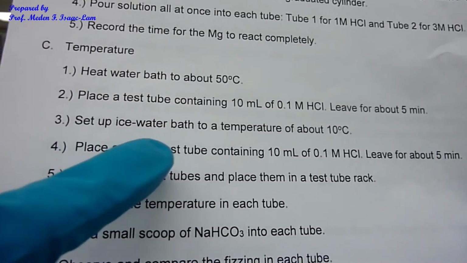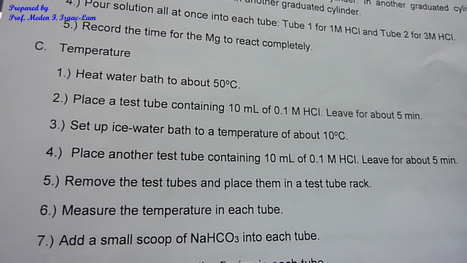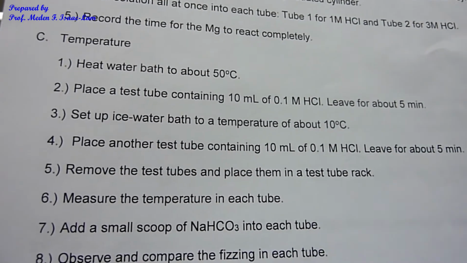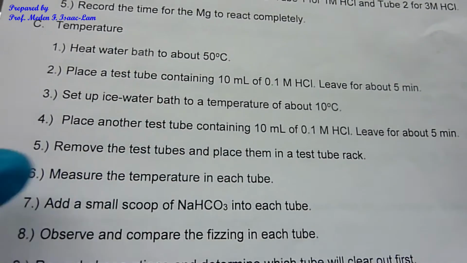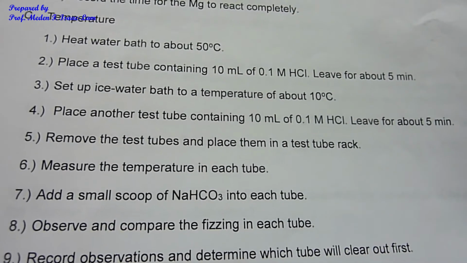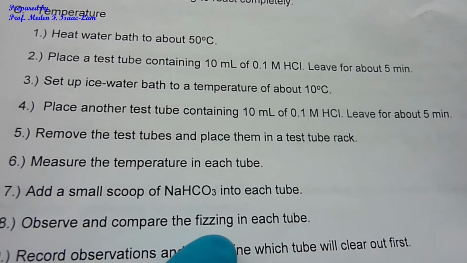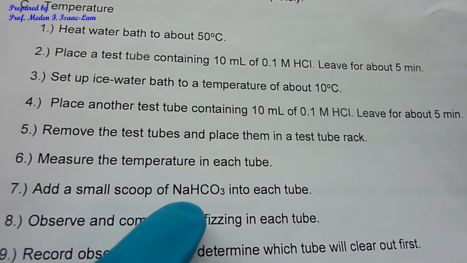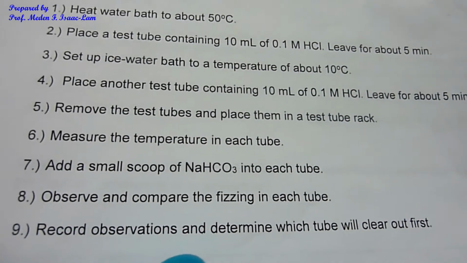I'm going to set up an ice water bath at about 10 degrees C, and put in the tube 10 mL again of 0.1 molar hydrochloric acid. Then we are going to add a small amount of sodium bicarbonate into each tube, which I actually weighed as 200 milligrams, and observe and compare the reactivity in each tube.